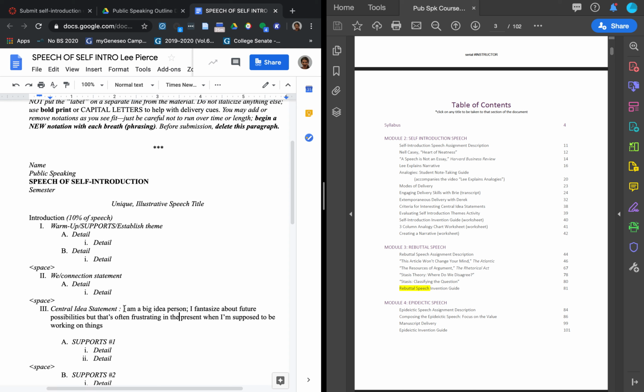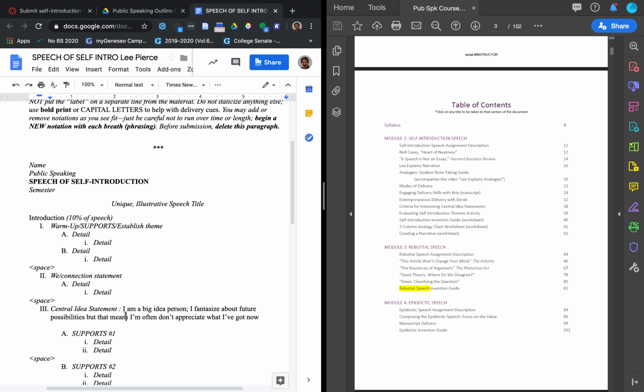Now that I've had a chance to think about that for a day, I don't like this last sentence, but that means I often don't appreciate what I've got now. There we go. Okay, cool. Perfect. Great central idea.